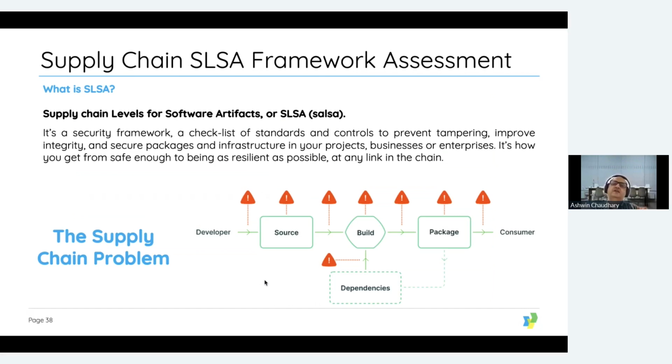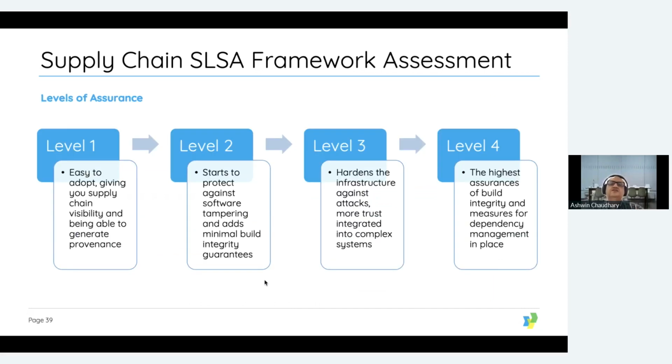right? And it covers the entire chain and gives you an established framework, right, to establish your processes in this fashion, from development to the source code to the build to the packages and of course the delivery of the application to the consumers, right, and all your dependencies in between are covered. There are 4 levels of this assessment: level 1, level 2, level 3, and level 4, right?